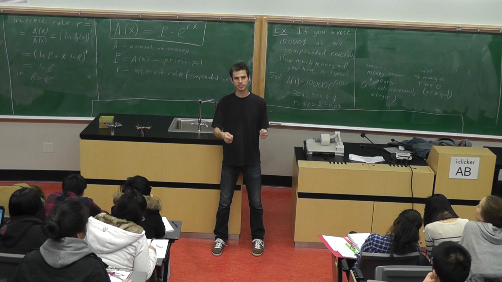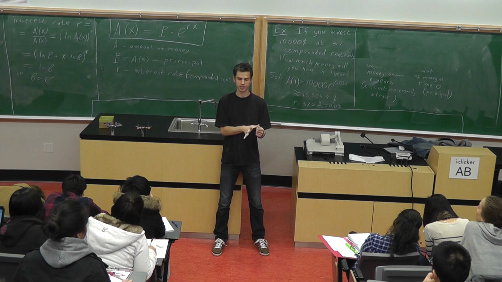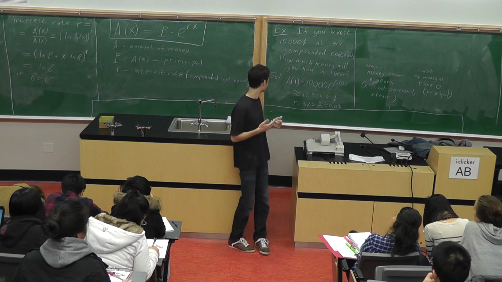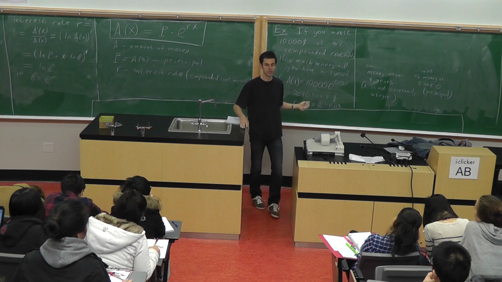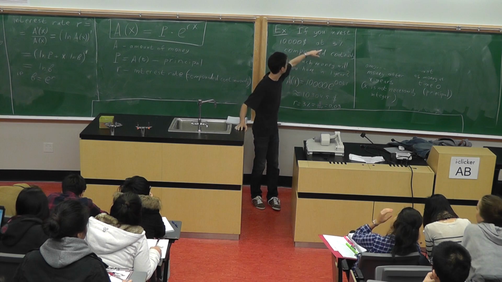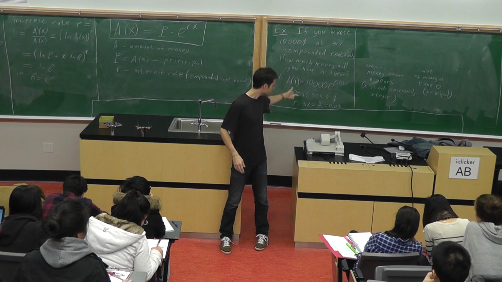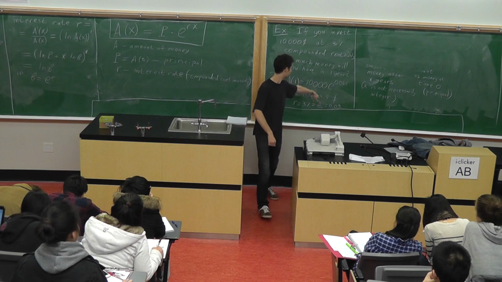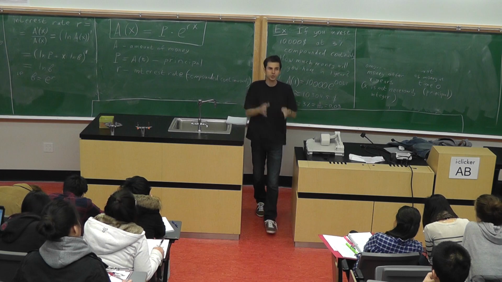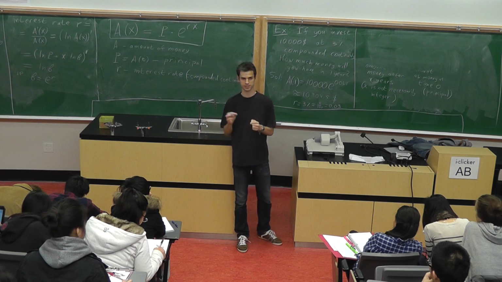Then I wait for another half year, but now I get interest not only on the $10,000 which I had, but also on this additional $150. It's not really that much of interest, it's just $150 times another 1.5%. So it's basically something small, a couple of dollars, but I do get some interest on interest.